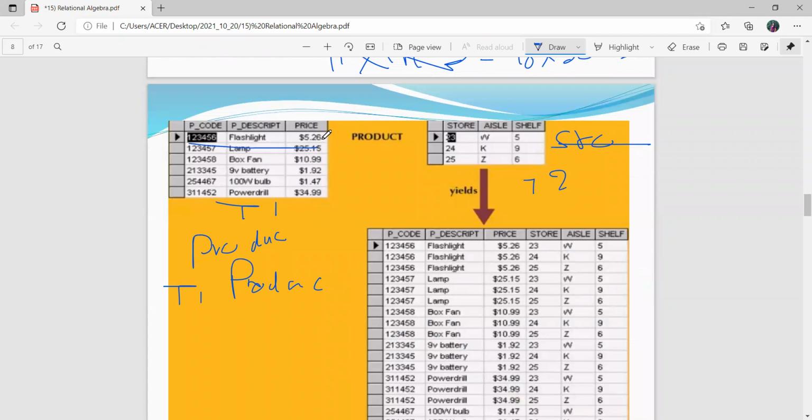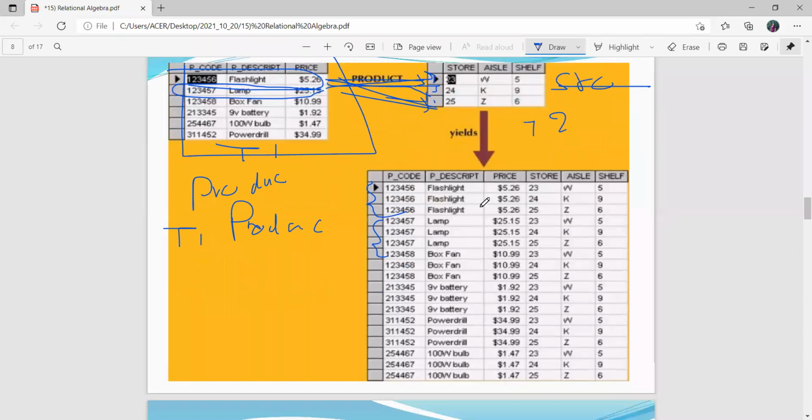You can take this row, and it is going to be multiplied with this row, this row and this row, so there are 3 records. Then let's take this one. It is going to be multiplied with this one, this one, this one, 3 records. Likewise, all these records are going to be multiplied with these 3 records.